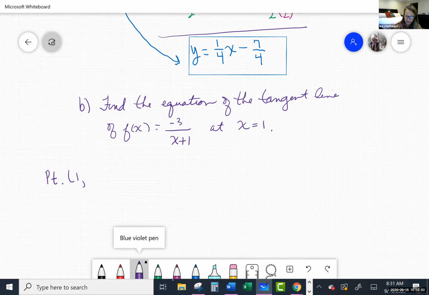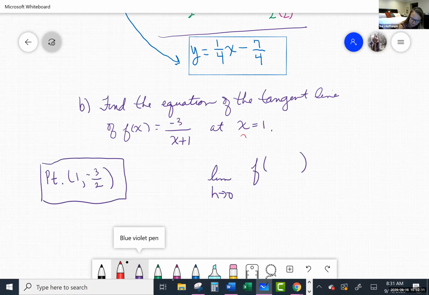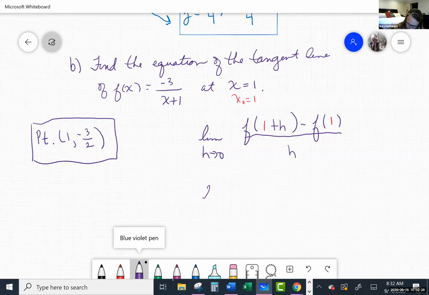So we go back into our function, and wherever we see an x, we're going to rewrite it with 1 plus h. So we have negative 3 all over, I see the x there, so I'm replacing it with 1 plus h, and then outside of the x, I have a plus 1 in the denominator.